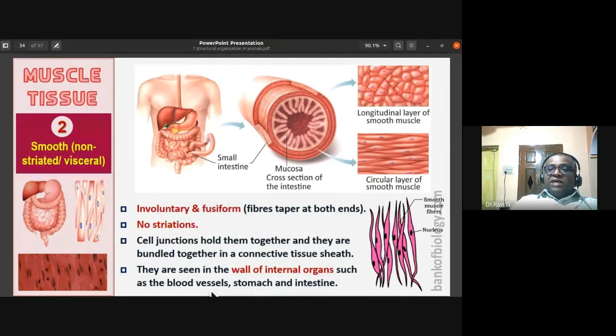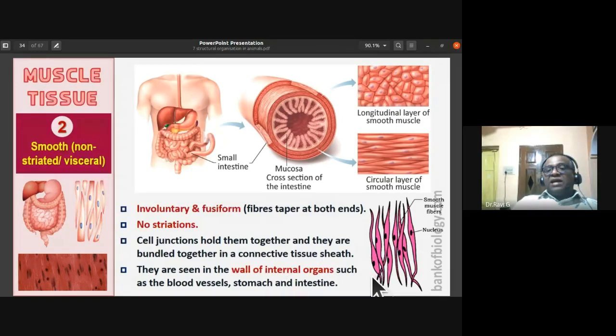They are seen in the walls of internal organs such as the blood vessels, stomach and intestine.